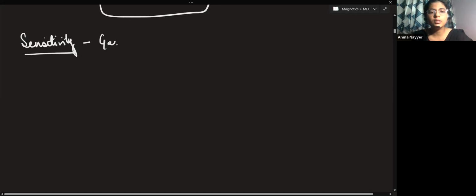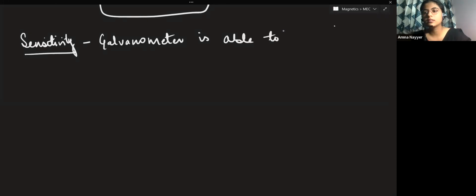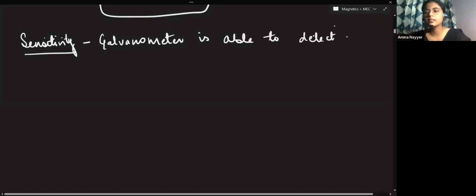A galvanometer is able to detect small values of current.